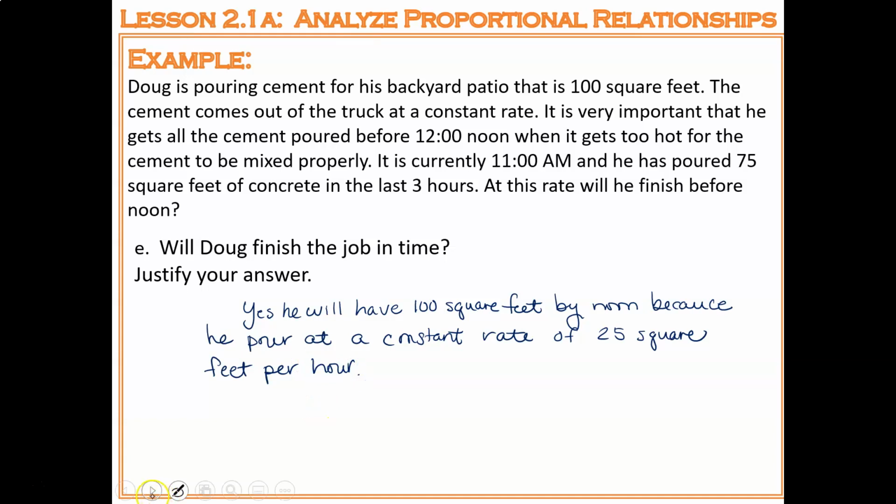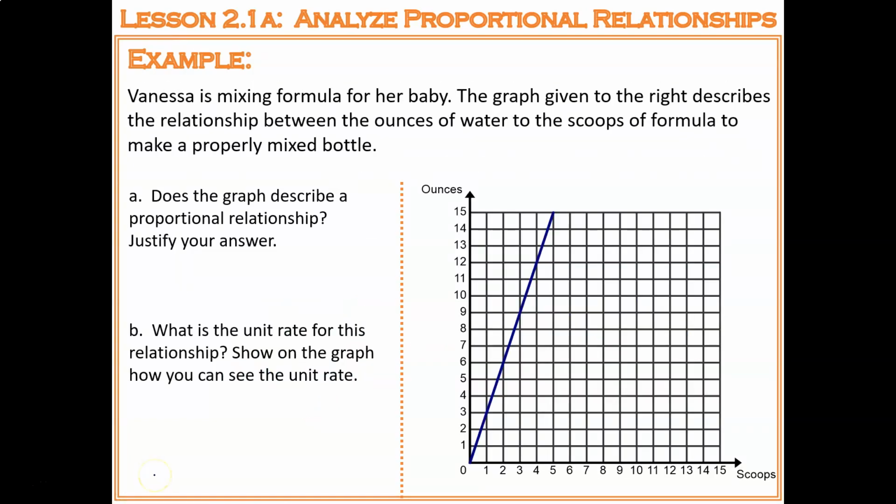Okay, moving right along. We're on a problem about Vanessa, and she is mixing formula for her baby. The graph is already done for you, and it gives the relationship between the ounces of water to the scoops of formula to make a bottle the right way. Is the graph proportional? Justify your answer.